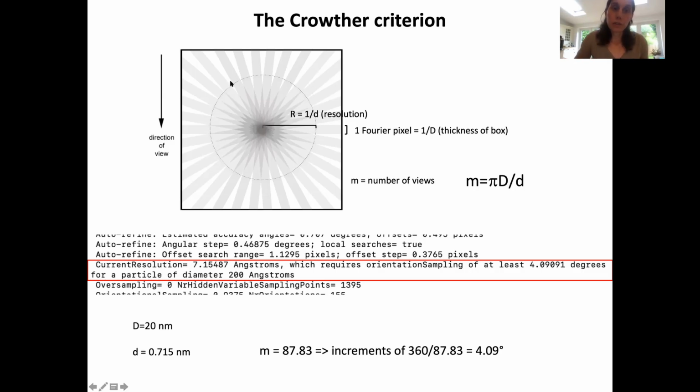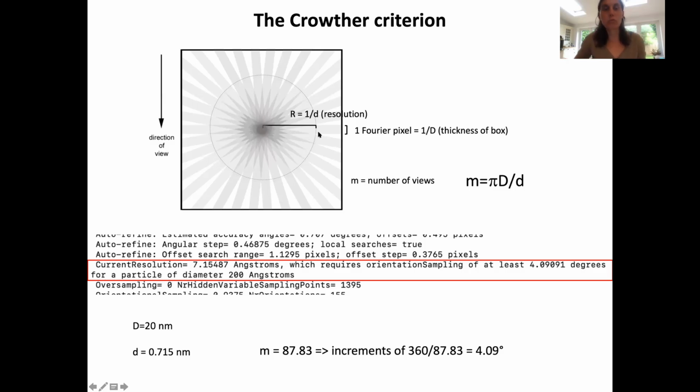And if the sampling is not fine enough, then after a certain resolution, which is here roughly indicated by this dotted circle, we don't have full information. So unless we're doing more averaging with more projections that can fill the spaces in between, our resolution is limited to where the radius here indicates.